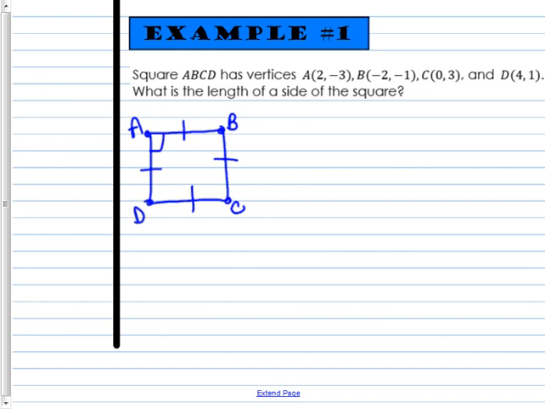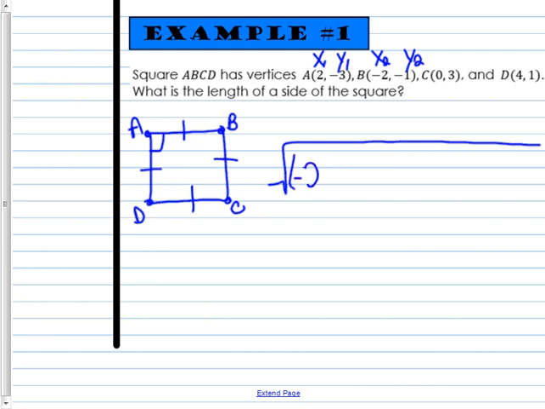So, I'm just going to find the length of AB. So this is going to be my x1, y1, and this is going to be my x2, y2. And I will need to use the distance formula because I do not have a picture on a coordinate grid.